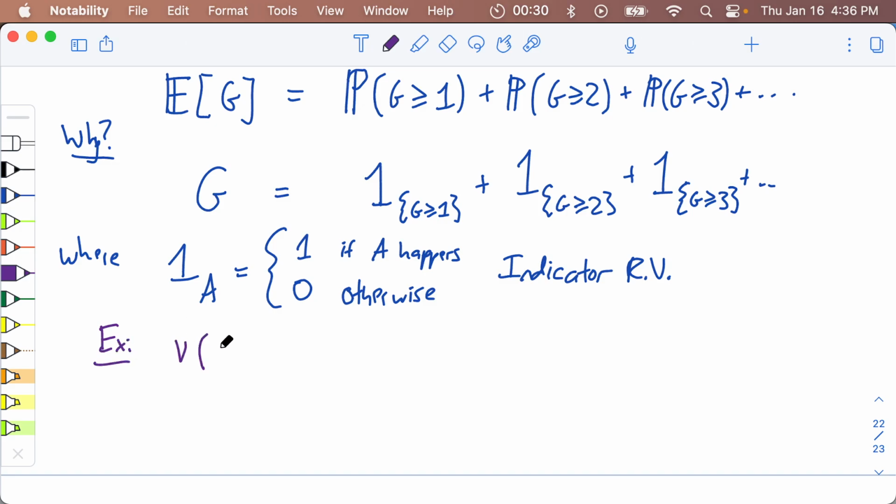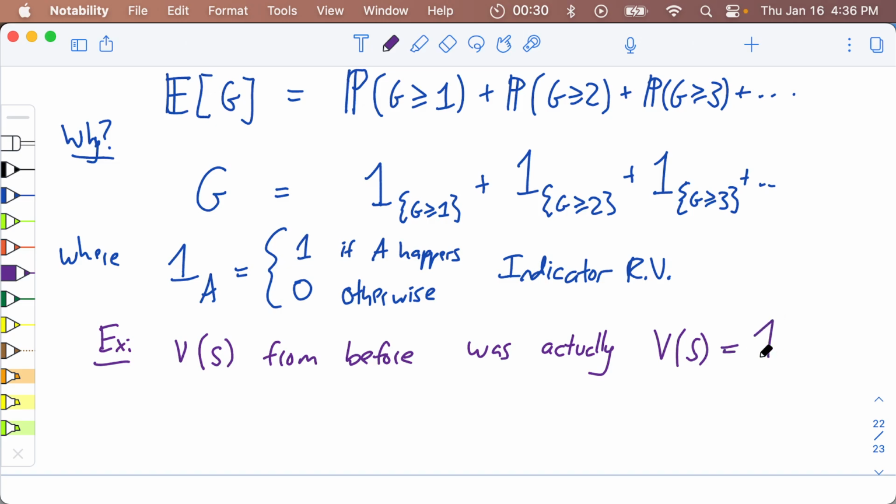The function v of s from before was the indicator that s equals 9, right? The value function we were using was all zeros, and then 1, 1, 1 right at the end, and it's just telling you whether or not you're in state 9. If you're in state 9, it's a 1, otherwise it's a 0.